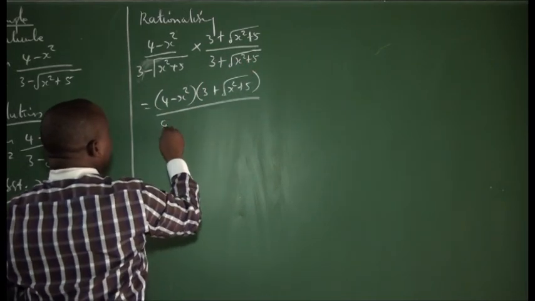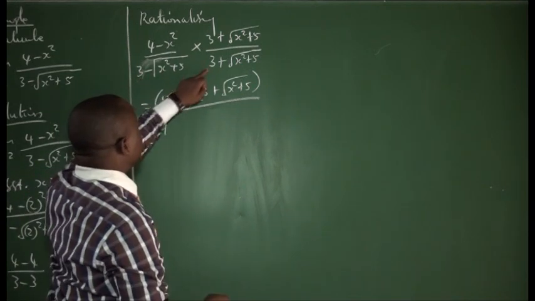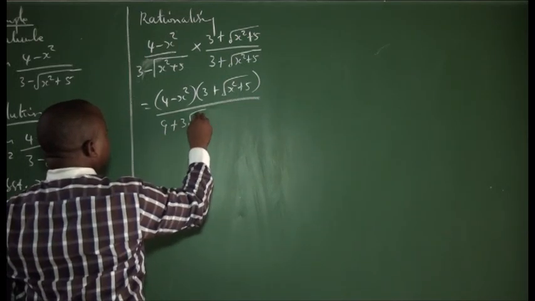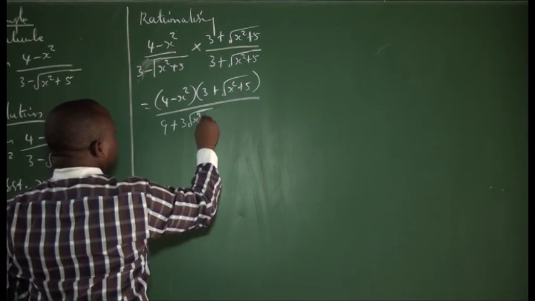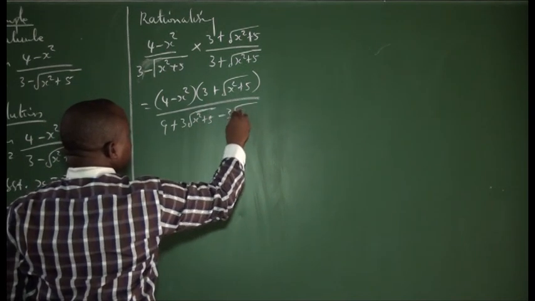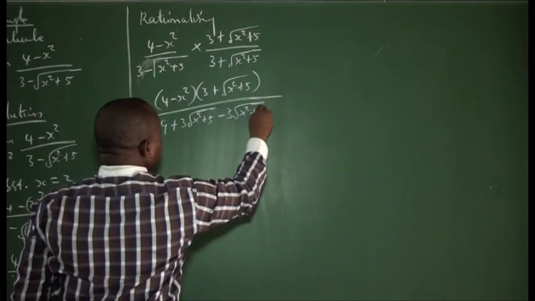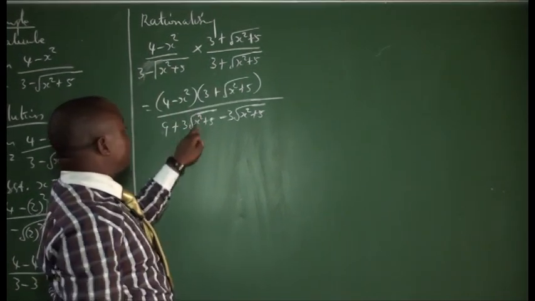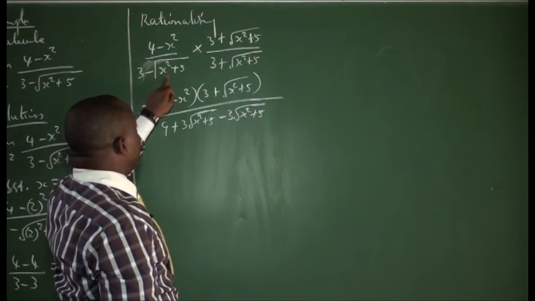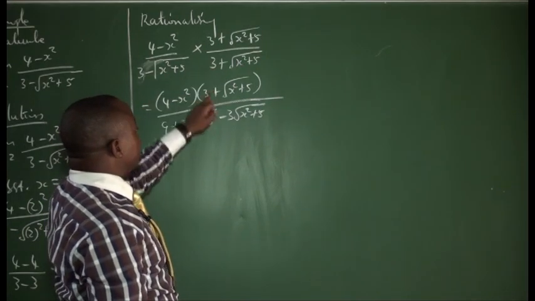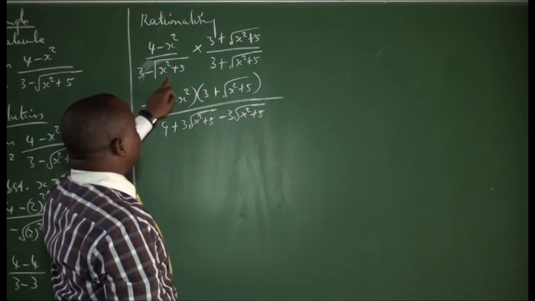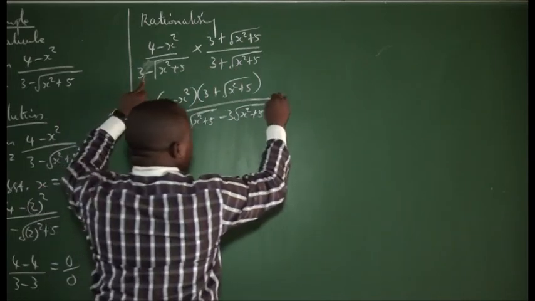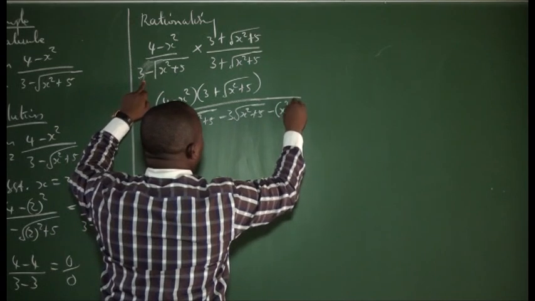If you go here, you have 9, that is 3 times 3. 3 times this will give us plus 3 root of x squared plus 5, and this times this is minus 3 root of x squared plus 5. What remains is this radical multiplying this radical, but here I carry a minus, so we have minus (x squared plus 5).